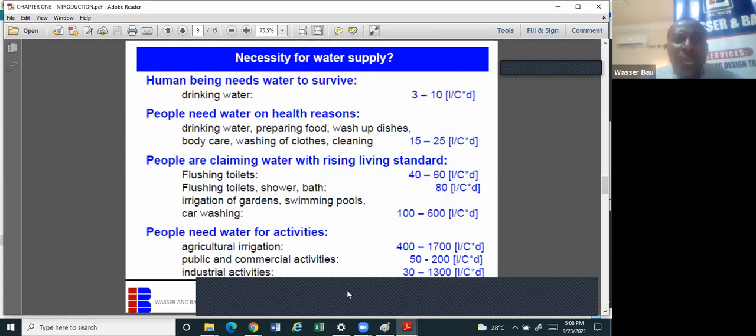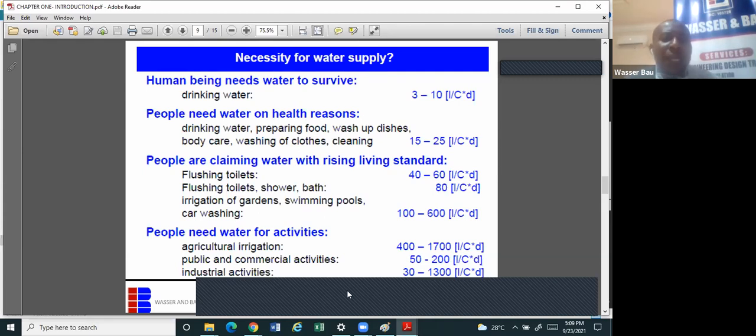Okay. Then the other thing is, he also mentioned that the water demand is about 130 liters per second. Some of you will be wondering, how did you come about this 130? Well, this is an idea of how to derive the 130. It's not exhaustive, but you all know that every human being drinks about 3 to 10 liters of water per day. For preparing food, washing up dishes, body care, washing of clothes, and all the household activity, you need between 15 to 25 liters.